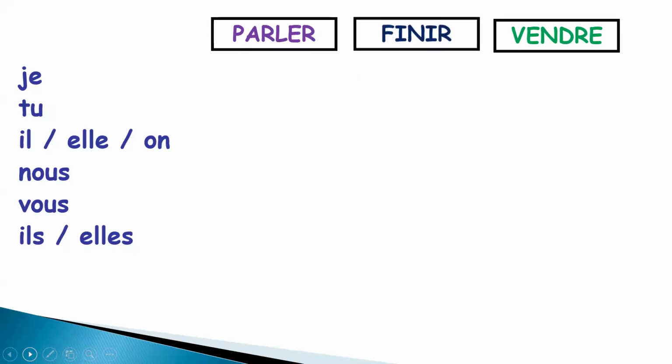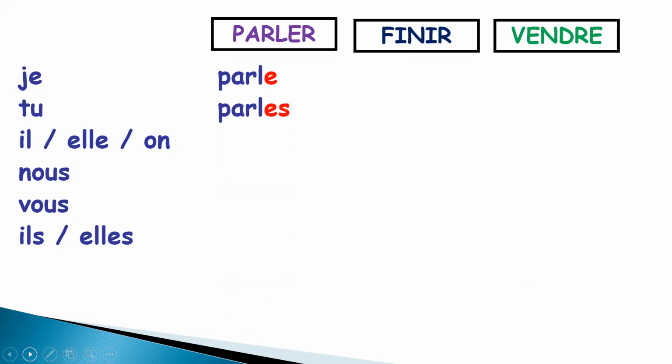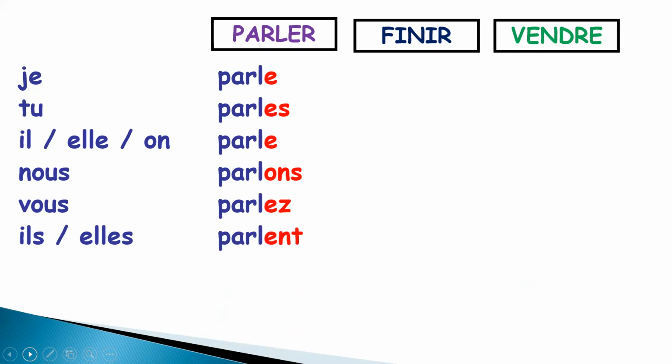So to finish off this language clinic, let's take a look at all of our verb conjugations and line them up side by side. Here are our 3 helper verbs: parler for our ER group, finir for our IR, and vendre for our RE verbs. Say them along with me. Je parle, tu parles, il, elle, on parle. Nous parlons, vous parlez, ils, elles parlent.